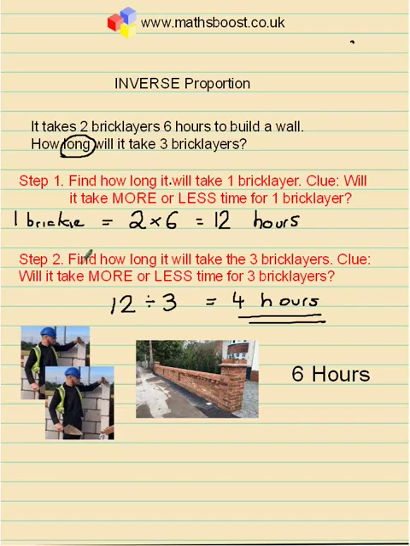And then step 2, once we've found how much 1 person takes, we'll find out how long it will take more people, and again, because we've got more people on the job, it's going to take less time, so that will be a divide. But watch this video as many times as you need until you've got a good understanding of what's going on. And you don't have to memorize these steps at the moment, just be able to use them.